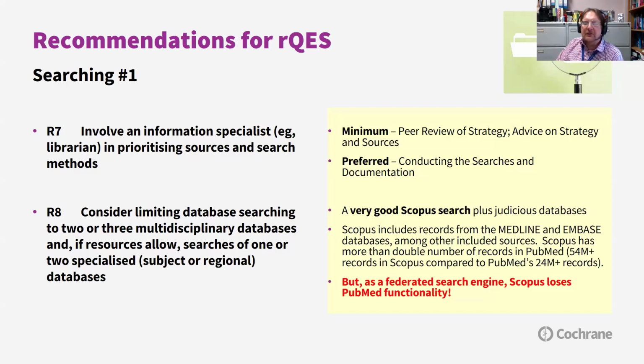So you may well find yourself preferring the enhanced search facilities of Medline, particularly if you can access Embase separately as well. But what we're recommending there is that in terms of coverage, rather than functionality, Scopus is a good starting point for qualitative research.